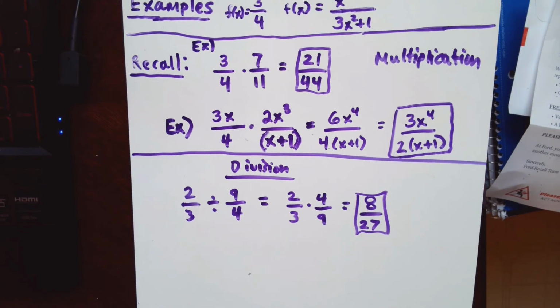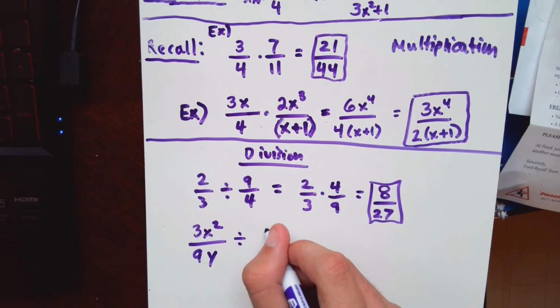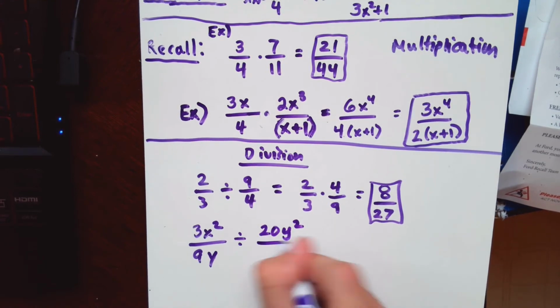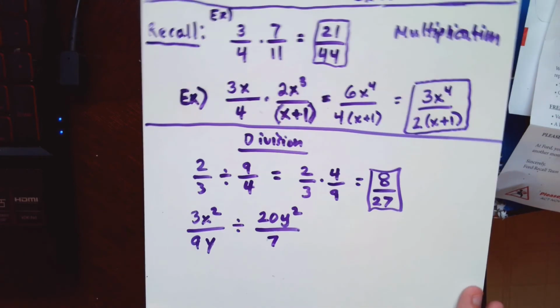So when we go to divide rational expressions, let's say we have 3x squared over 9y. Here we'll have two variables just for fun. So 3x squared over 9y divided by 20y squared over 7.